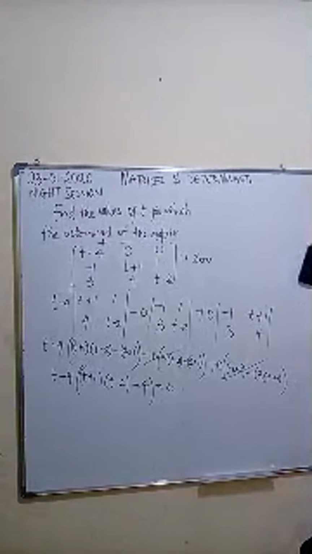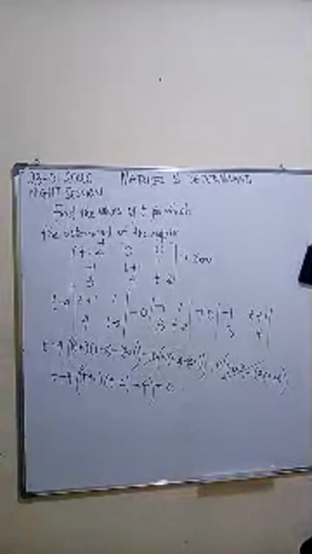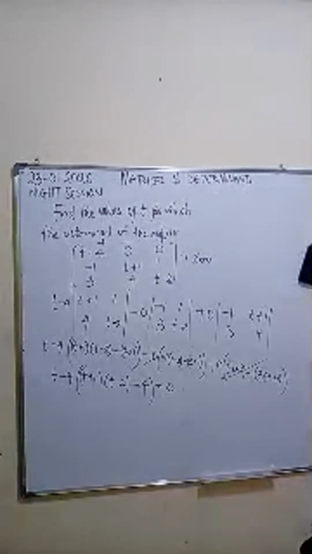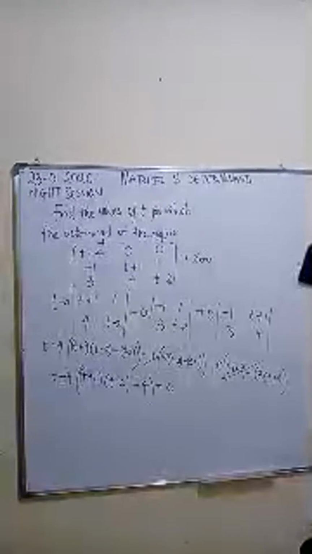Roy B said no. Sarah said we should expand. Guys, should we expand? We have t minus 4 times t plus 1 times t minus 2, right? Then 1 times 4, which is the 4.